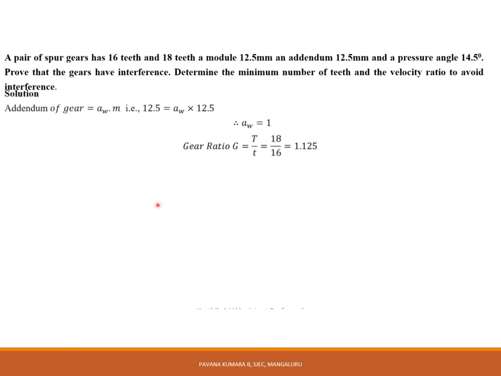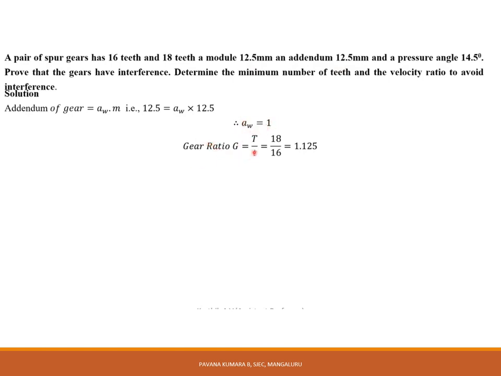So addendum of gear is nothing but AW into M. AW is not given, but the addendum is directly given, 12.5 mm, and the module is also given, so you can easily find out AW is how much. AW is 1.